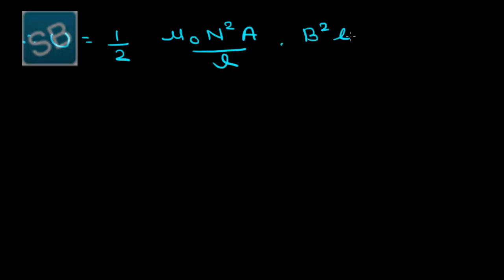Therefore, substituting the value of L, 1/2 is as it is. Instead of L, mu 0 N square A over l into B square l square divided by mu 0 square N square. So here N square is cancelled out.